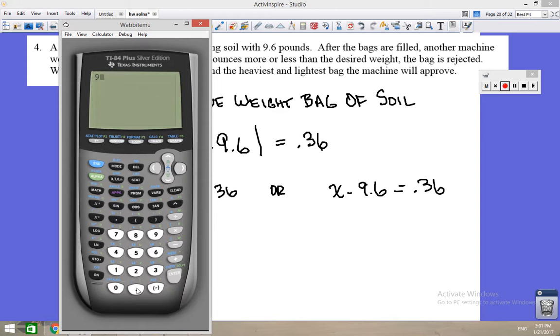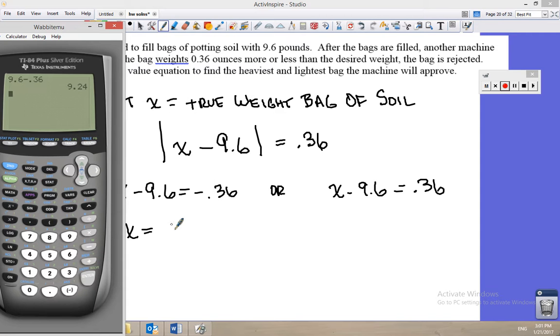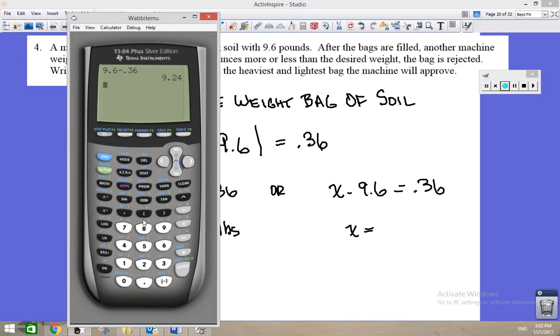So I've got 9.6 minus 0.36 is 9.24, and that's in pounds. And this is 9.6 plus 0.36, which is 9.96 pounds.